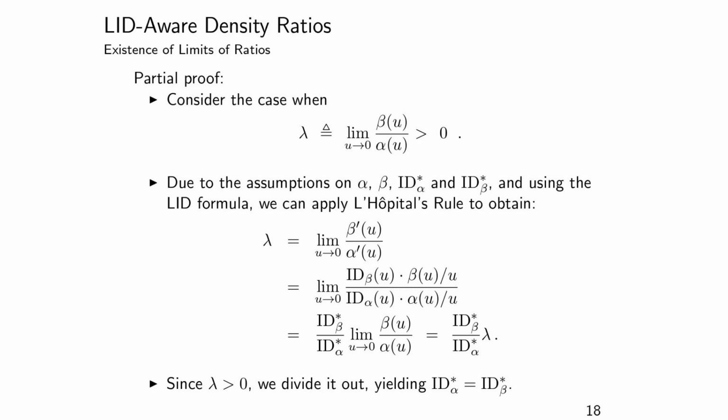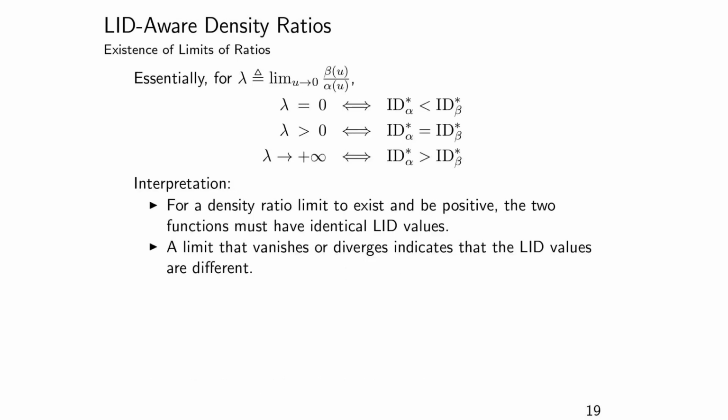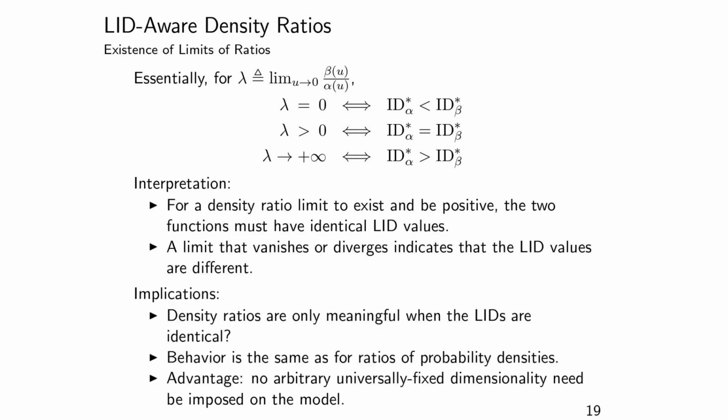Since lambda is positive, we can divide through by lambda, and we get that the ratio of these two IDs is equal to 1. That means they're identical. So density ratios are only meaningful when the LIDs are identical. This is not surprising, because this behavior is the same as for ratios of probability densities in the traditional way. However, this way of looking at things retains the advantage that we haven't imposed an arbitrary, universally fixed dimensionality on the model.